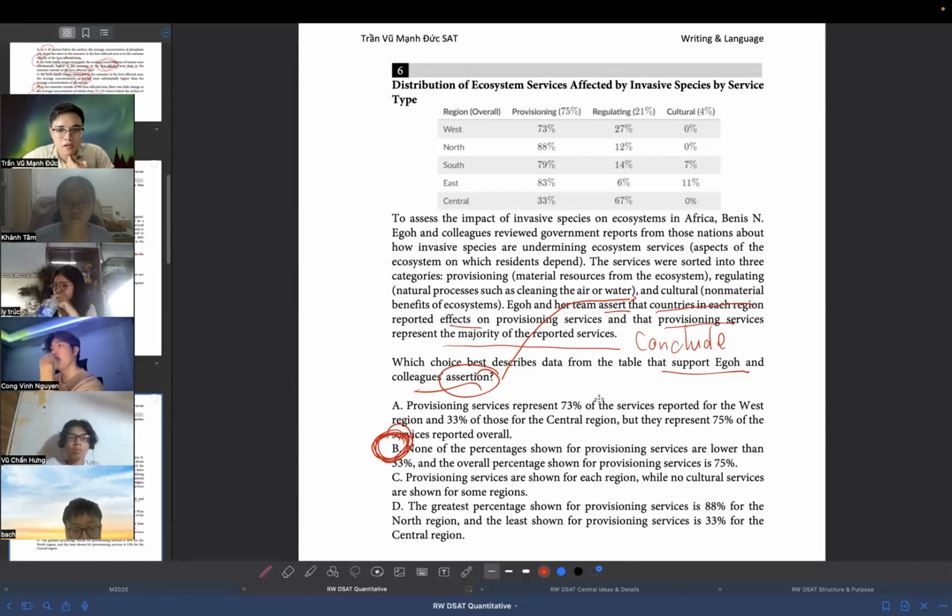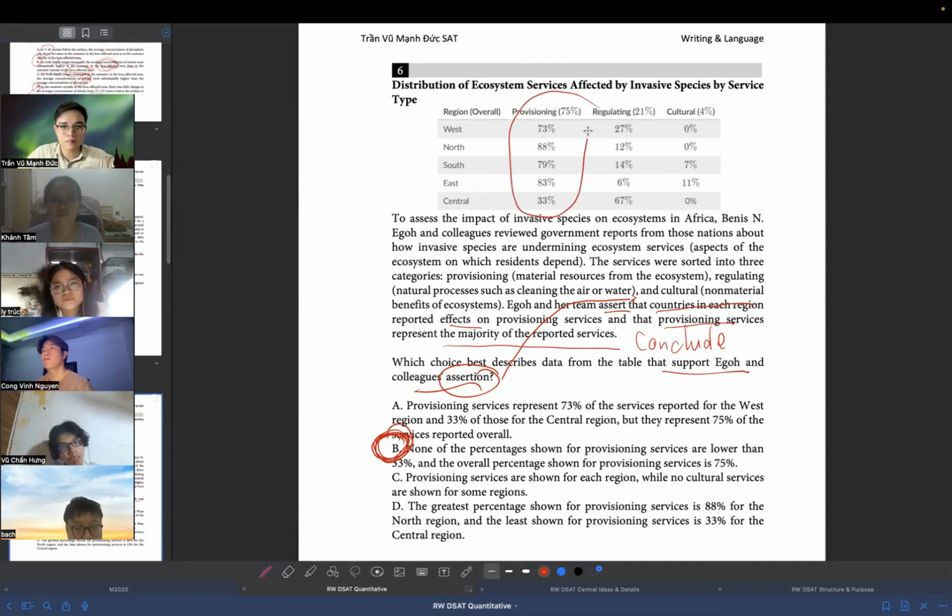None of the percentages shown for provisioning services are lower than 33. The overall percentage shown for provisioning services is 75%. None of the percentages are lower than that for provisioning services. Countries in each region reported effects on the majority.